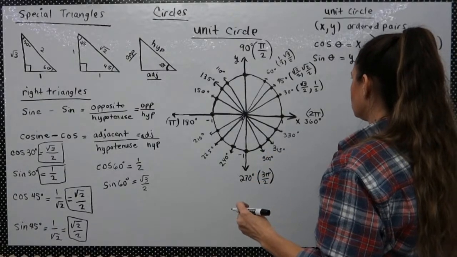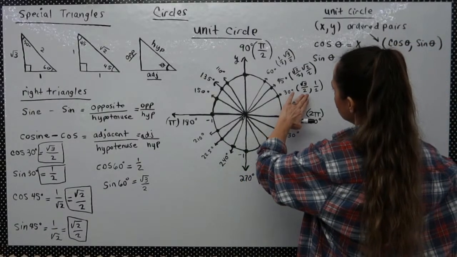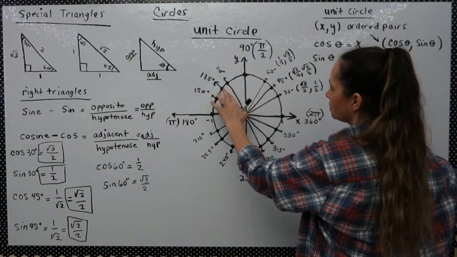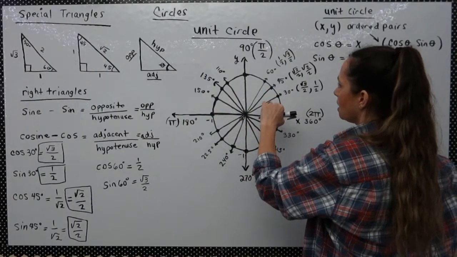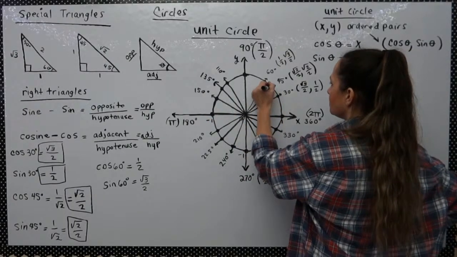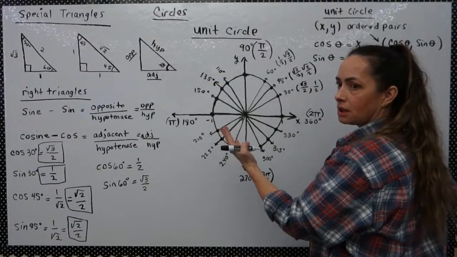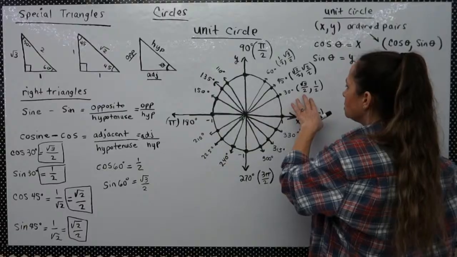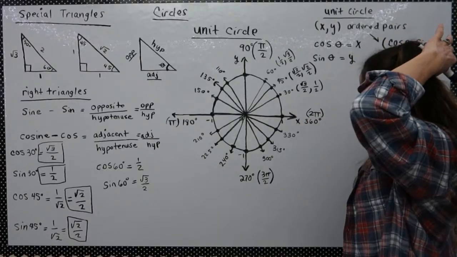And since you already know these, then you already know the location of these points as well, because it's a unit circle. So it's symmetrical in every way. And all you need to do now is change the signs of these values.